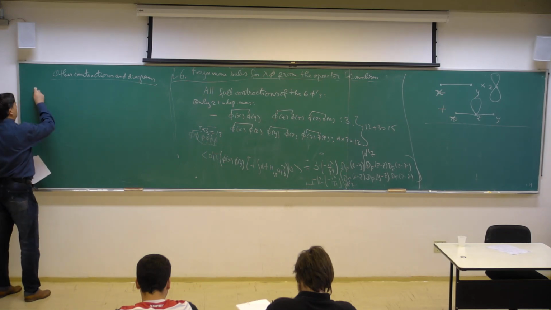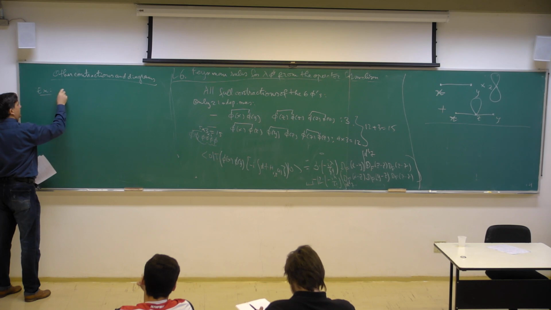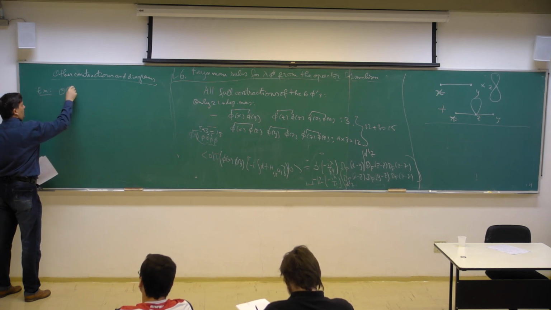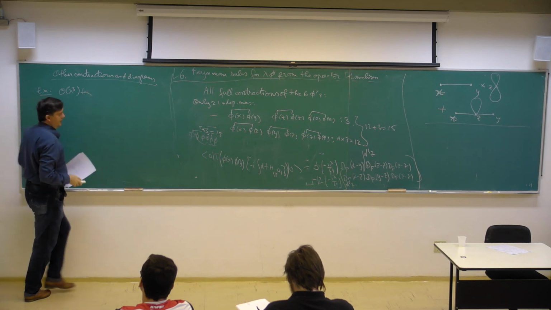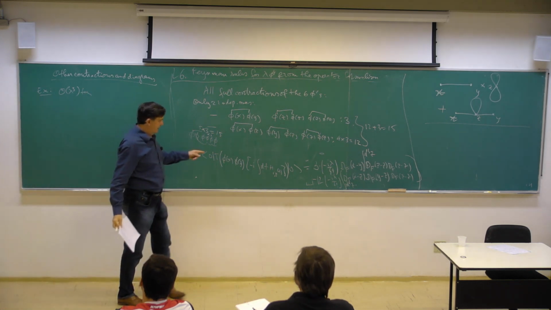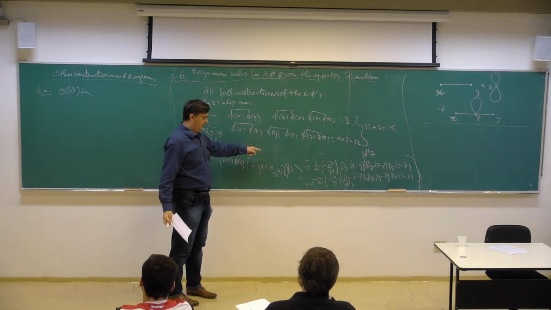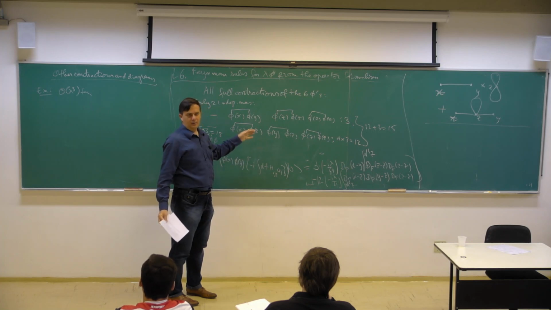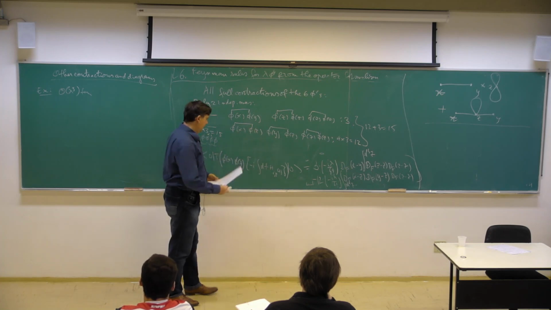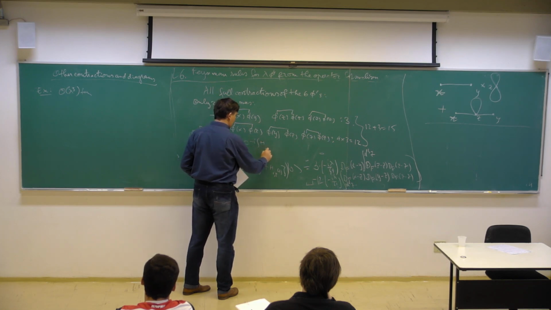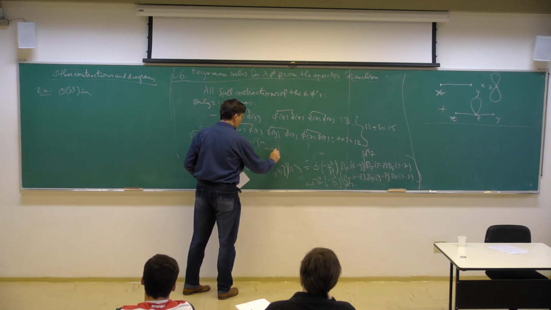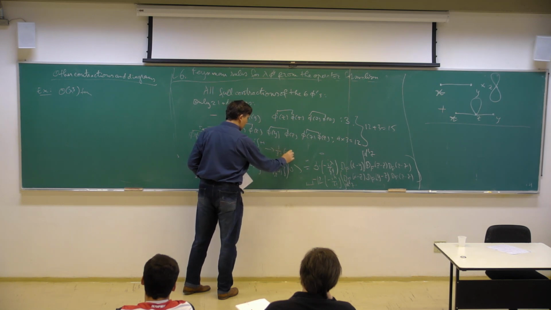So my example will be an order lambda cubed term. That is to say, in e to the minus i integral H, I will consider the cubic term. So from this, I will take the term with 1 over 3 factorial, minus i integral H cubed.